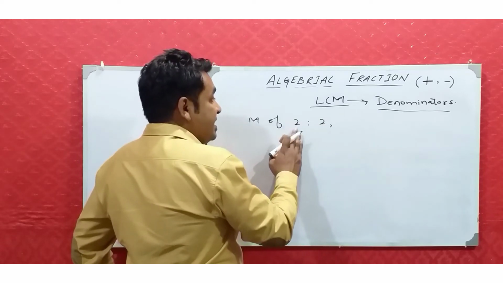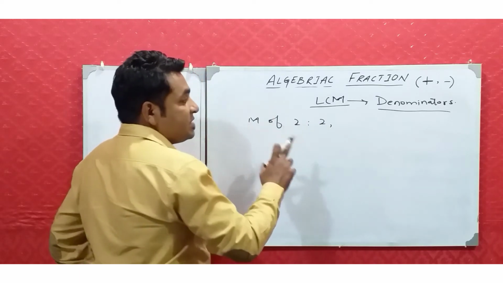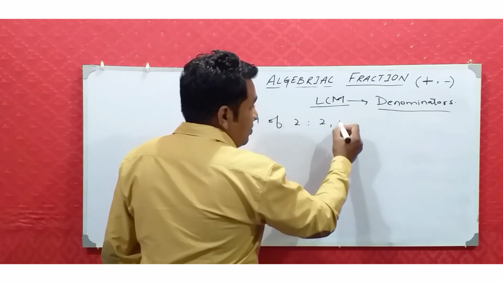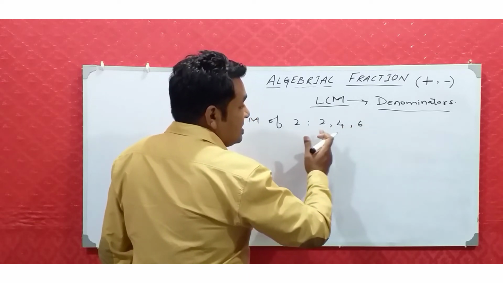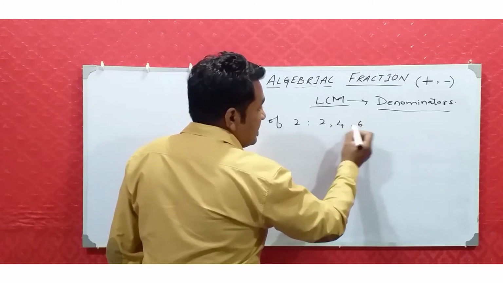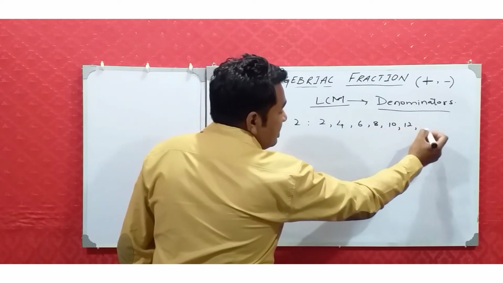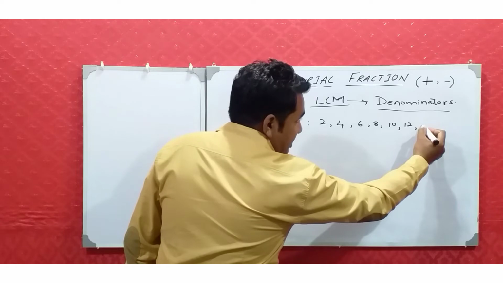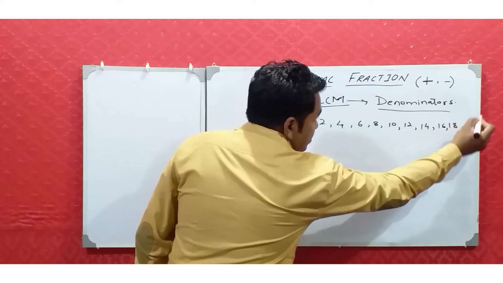We are finding the multiples of 2, so 2 itself is the first multiple, then 4, then 6, all the numbers which come in the table of 2: 8, 10, 12, 14, 16, 18, and so on.